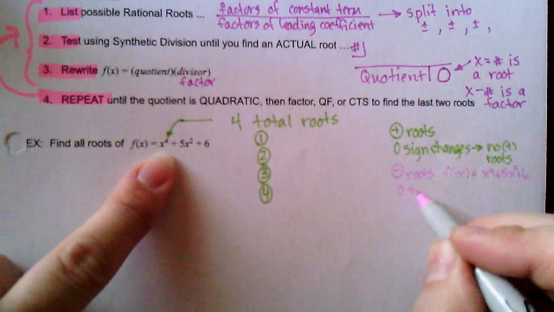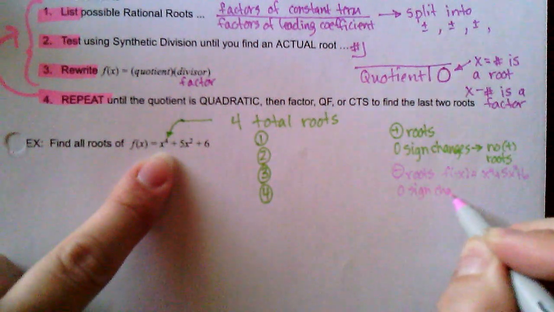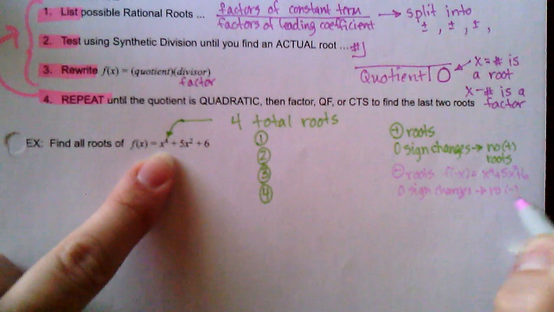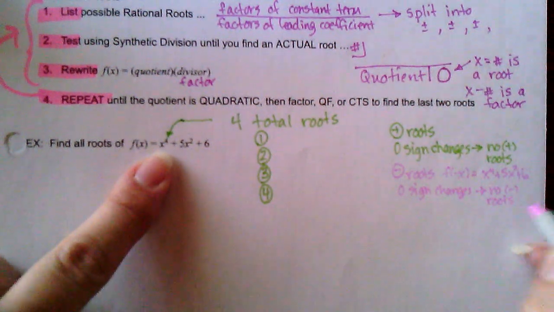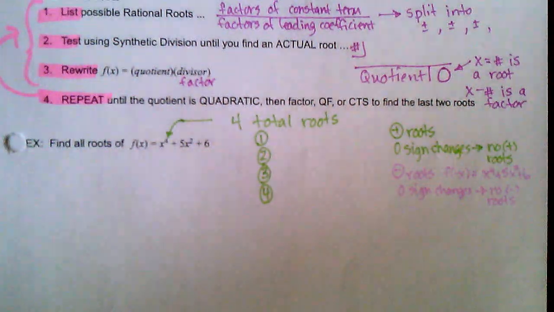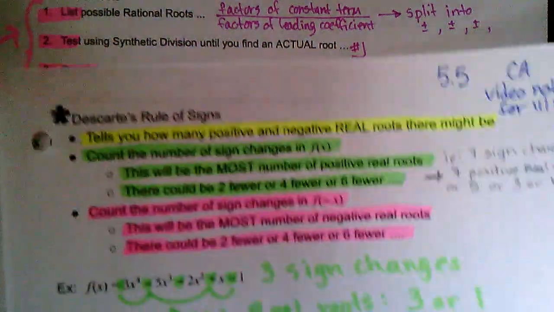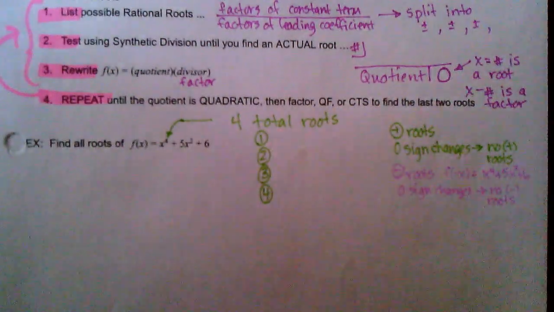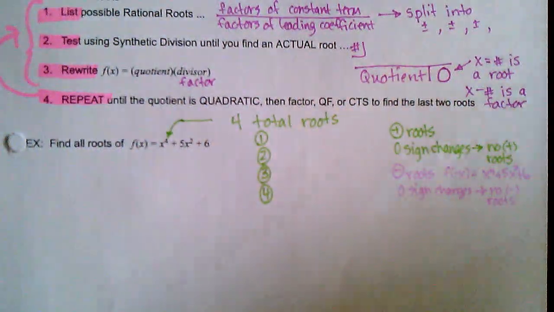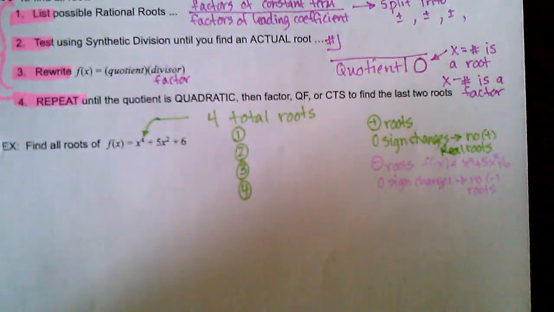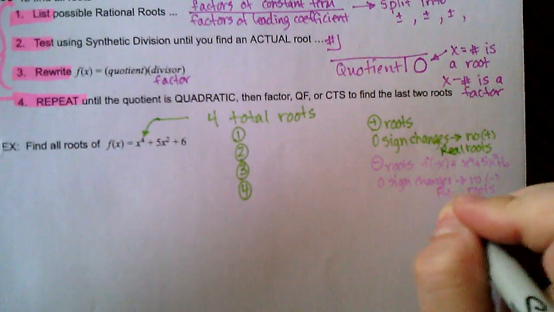And there are 0 sign changes, which means there will be no negative roots. Thinking back to Descartes' rule of signs, that's for the number of real roots. So there will be no positive real roots, I should have said, and no negative real roots.